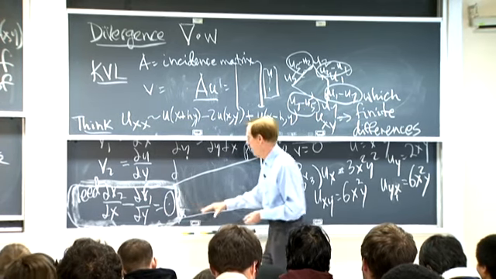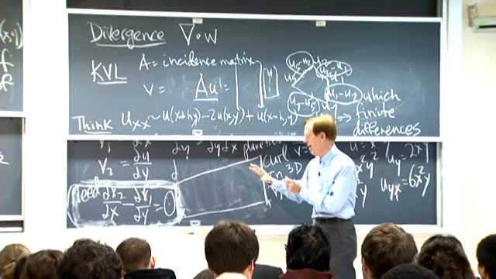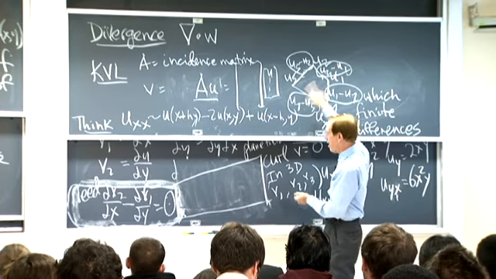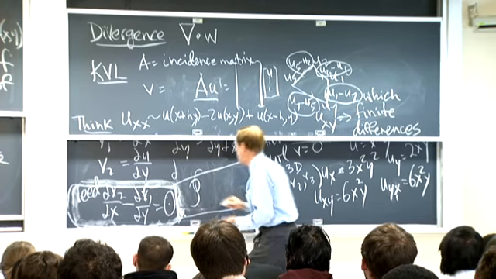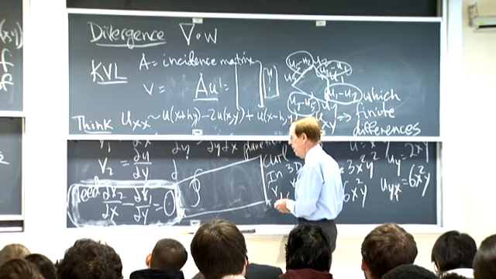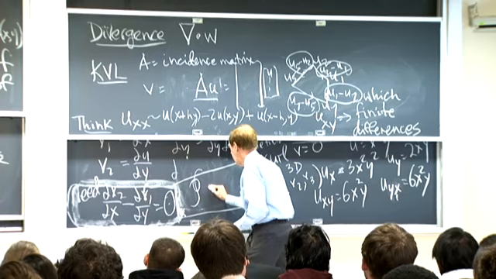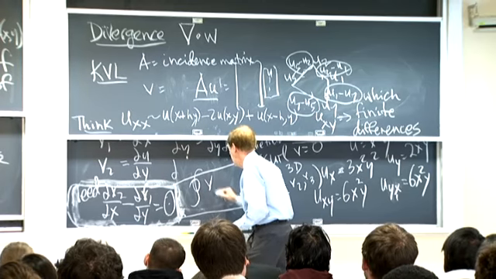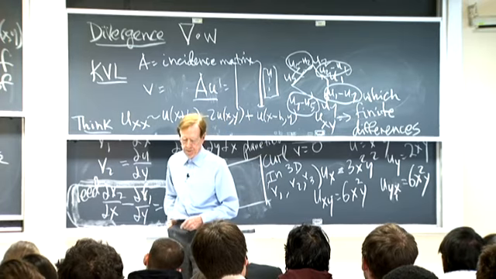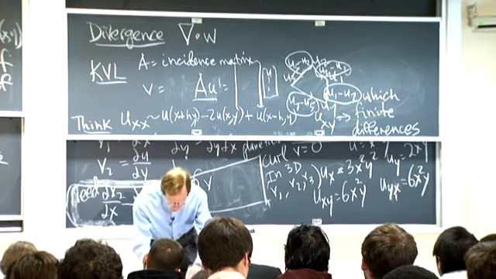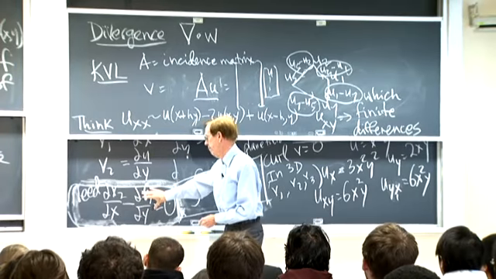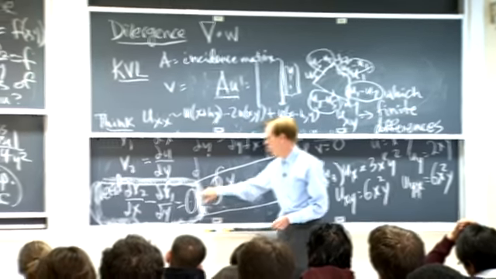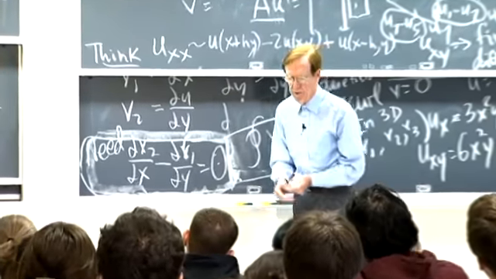Now let me give you a test that looks like Kirchhoff's voltage law. So I'm going to integrate around a closed loop. What am I going to integrate? I think I integrate V. Oh boy, I better look. It's easy to get these wrong. Yeah, so I would call this the vorticity. And then I would say the vorticity is 0 for a gradient field.